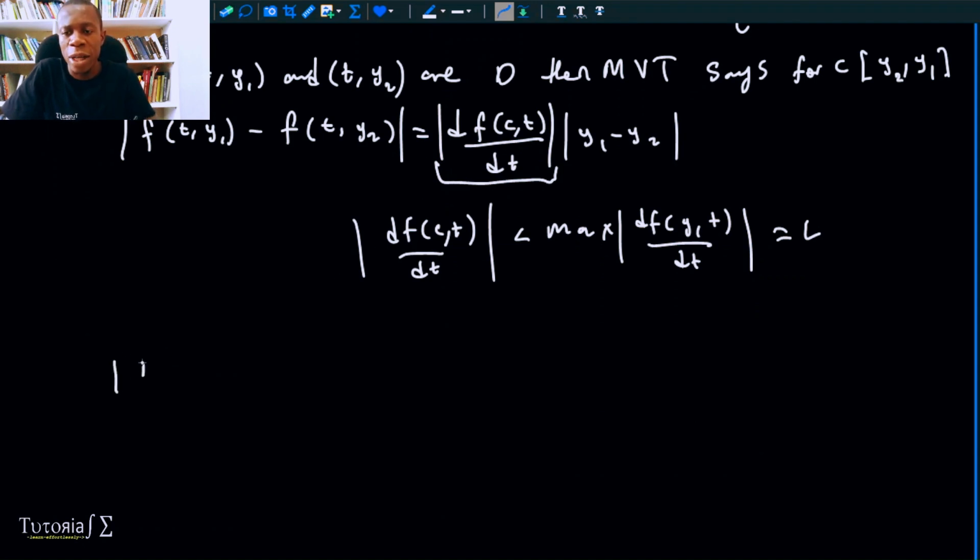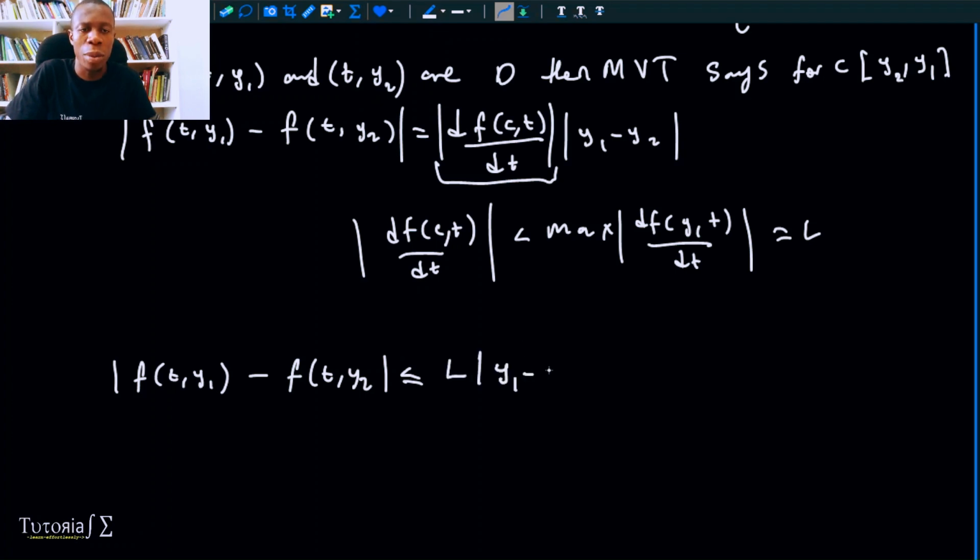So we'll have |f(t, y1) - f(t, y2)| ≤ L |y1 - y2|, right? So that's the Lipschitz condition.